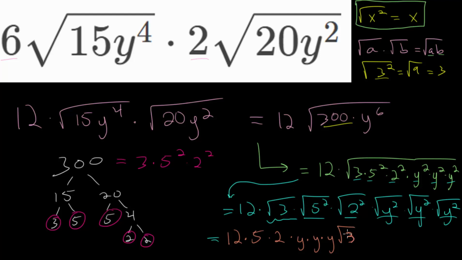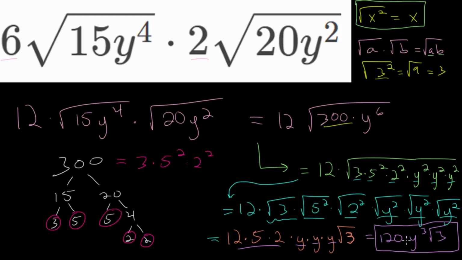It's the only one that wasn't a perfect square, and so we couldn't simplify it and lose that square root term. Now, multiplying everything together, we know this is 120. This right here can be rewritten as y to the third power, and we still have this root 3. So this right here will be our final answer.